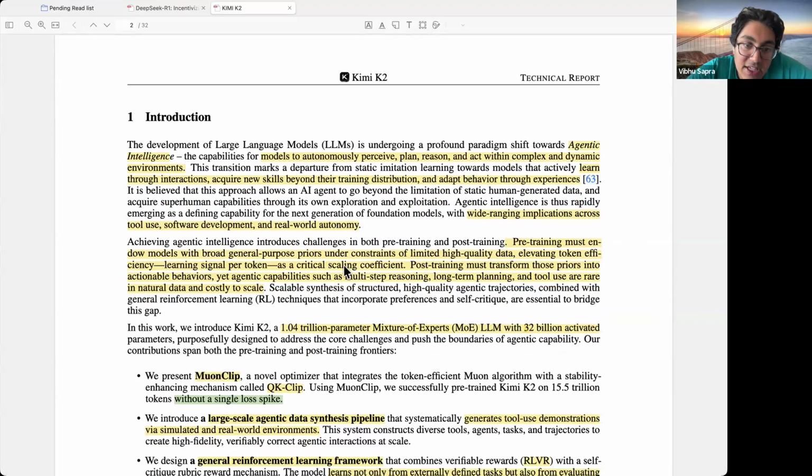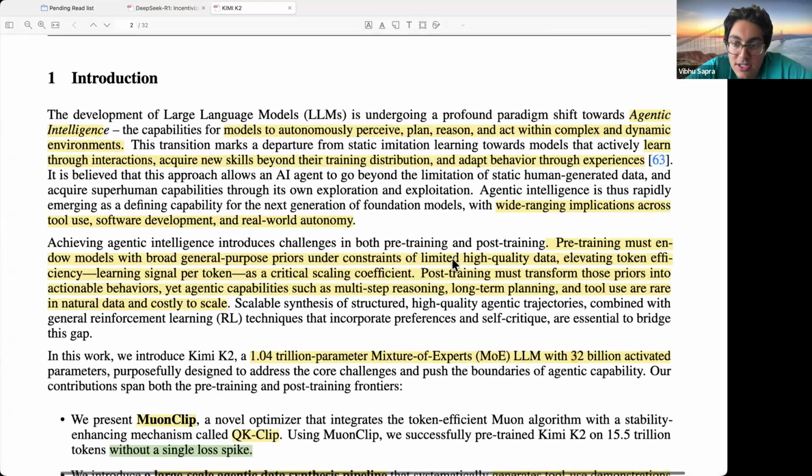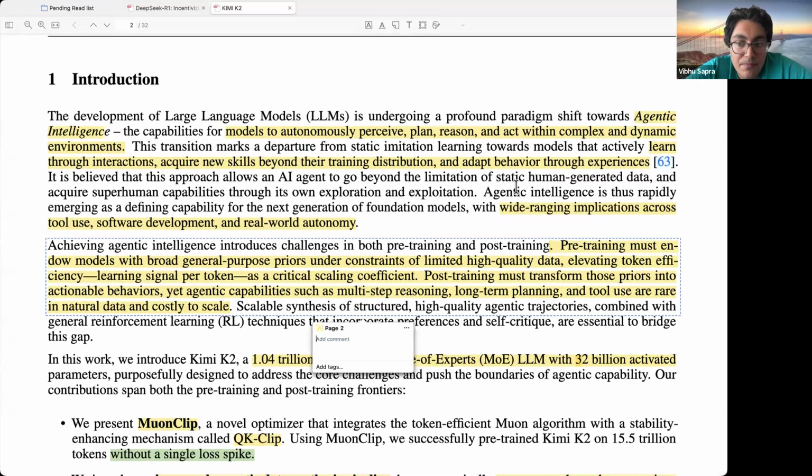Okay, achieving agentic intelligence introduces challenges in both pre-training and post-training. Pre-training must endow models with general purpose priors and effective token efficiency, learning per signal. Post-training must transform those priors into actionable behaviors.